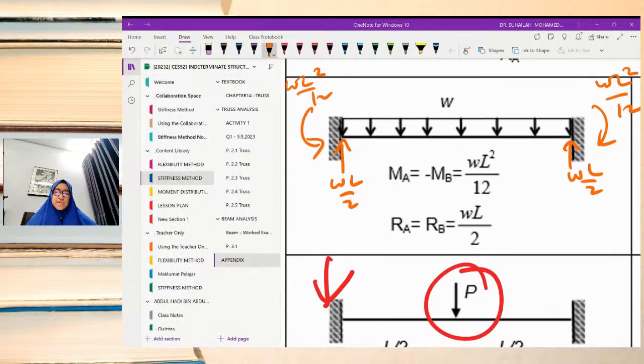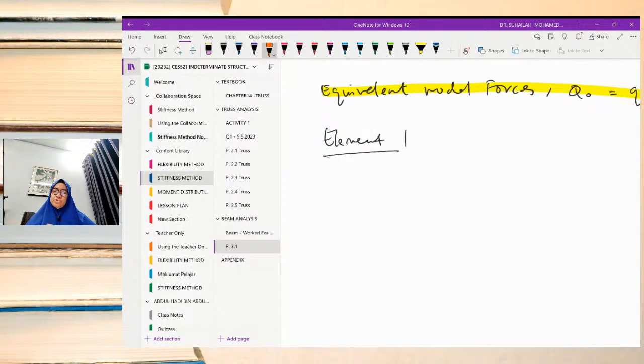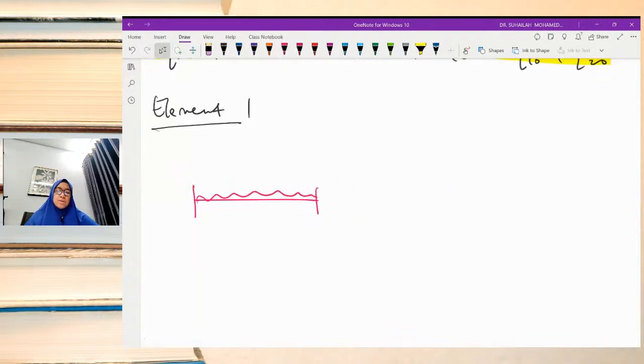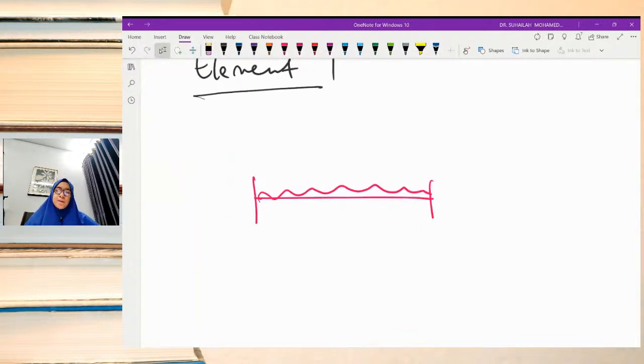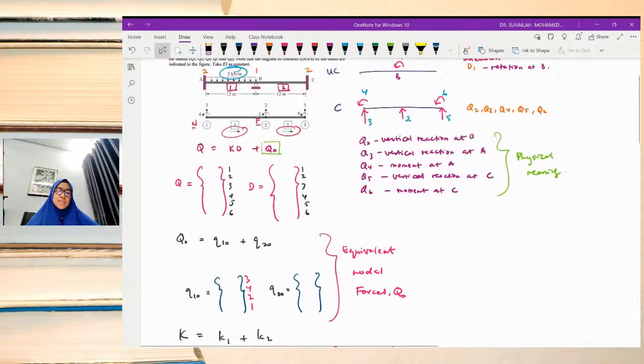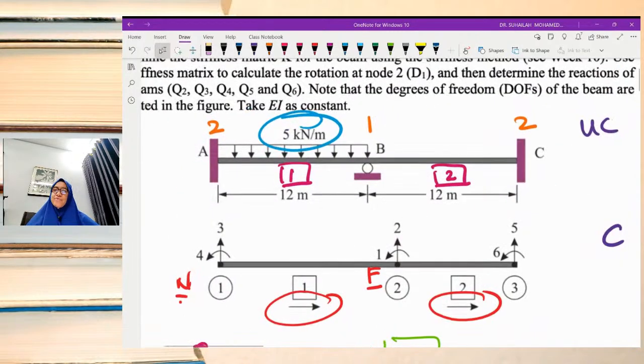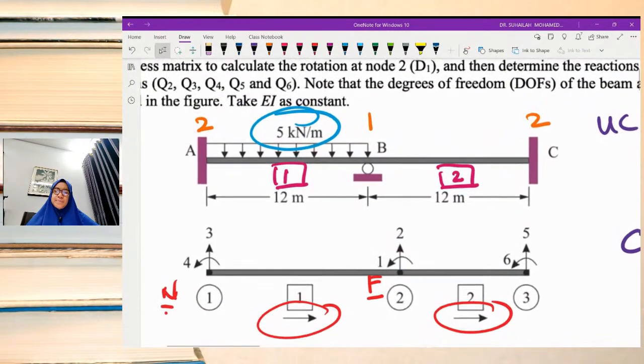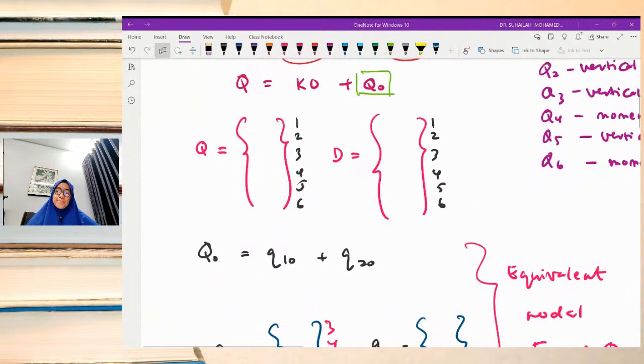So move back to this. We just need to draw the beam, member AB or element number 1. The loading, the UDL, is given as 5 kilonewton per meter and 12 meter length.